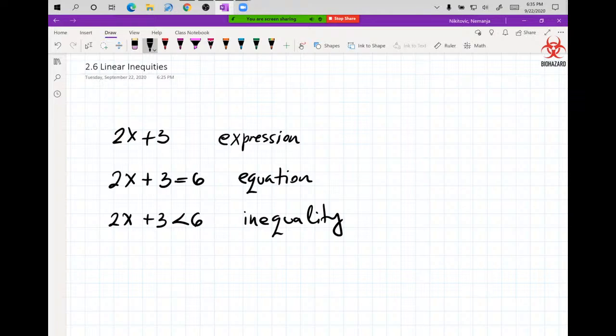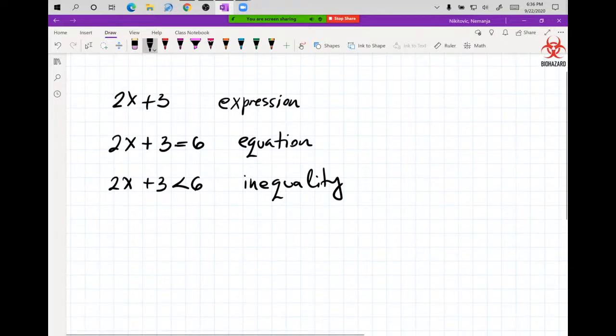So again, the first one is just an expression, and you can only simplify it, maybe, and that's it. The second two you can solve, where the equation gives you one solution, and you will see that an inequality gives you infinitely many solutions, right?